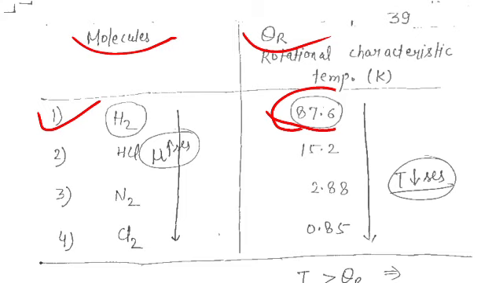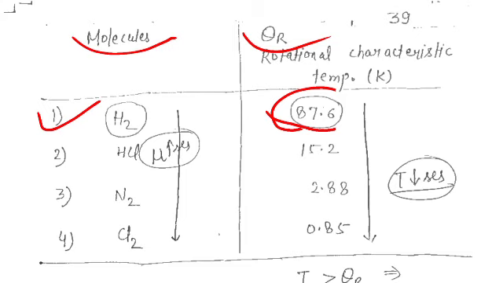Keep this in mind: the lightest molecule, H2, has the highest characteristic temperature, 87.6. All the rest of the molecules have lower characteristic temperatures.